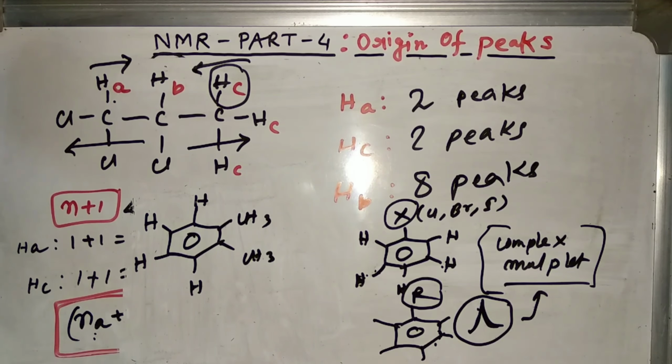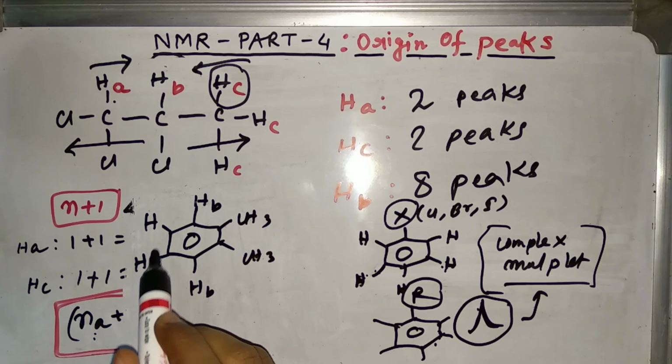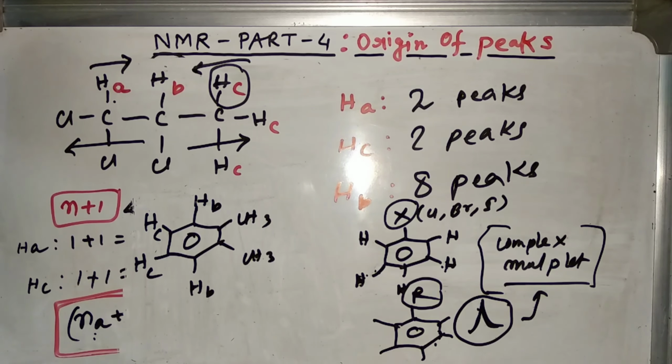Why? Because the 4 aromatic protons of ortho-xylene appear as a complex multiplet. Say this is Hb, and this is Hc, this is Hc. These 2 Hb protons, this one and this one, are chemically and magnetically equivalent. These Hc protons are chemically and magnetically equivalent.